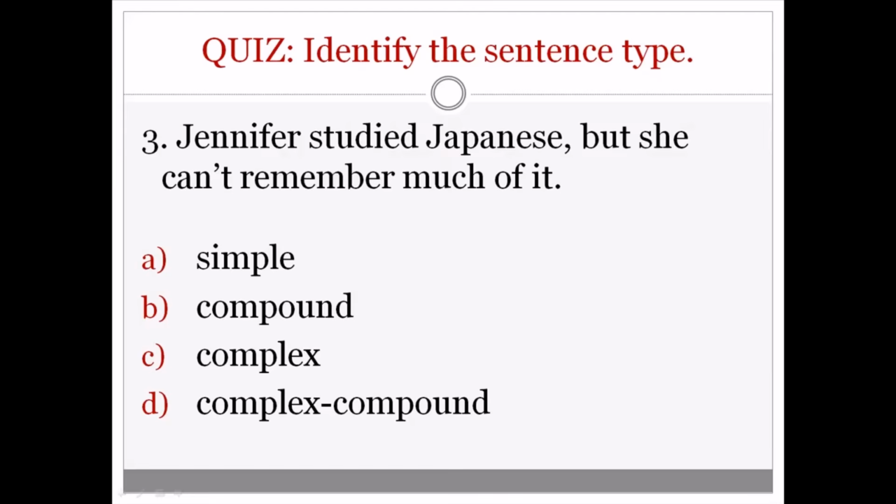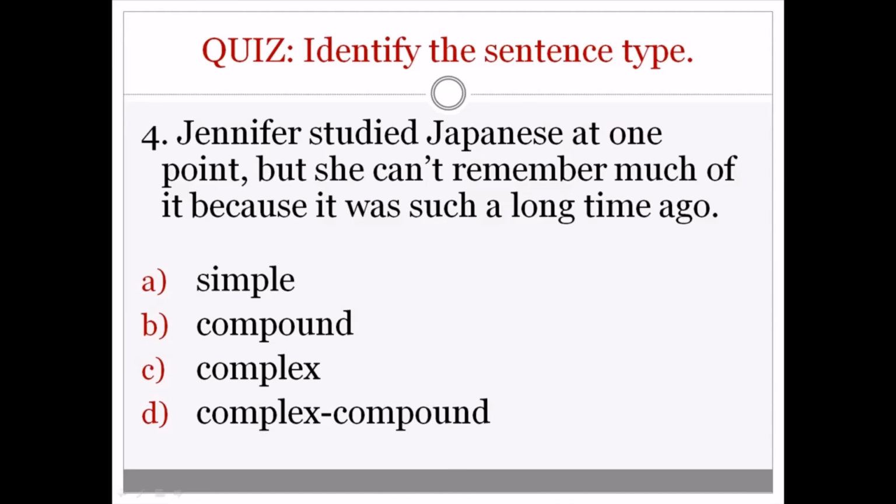3. Jennifer studied Japanese, but she can't remember much of it. What kind of sentence is this? This is a compound sentence. We have two independent clauses, and they're joined by a comma and a coordinating conjunction. 4.